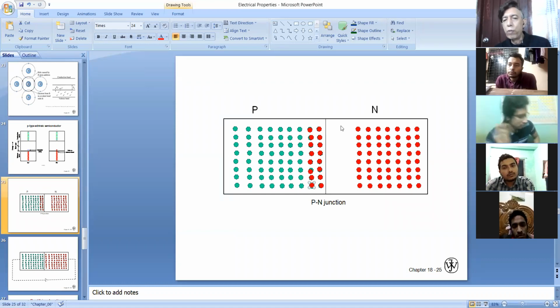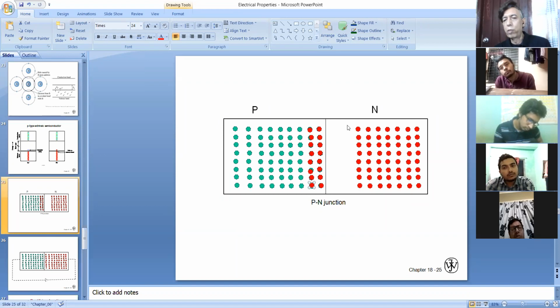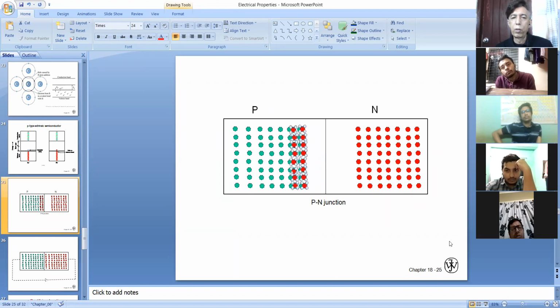So we will find here a neutral molecule. Here also we shall find the neutral molecules. These are the neutral molecules.